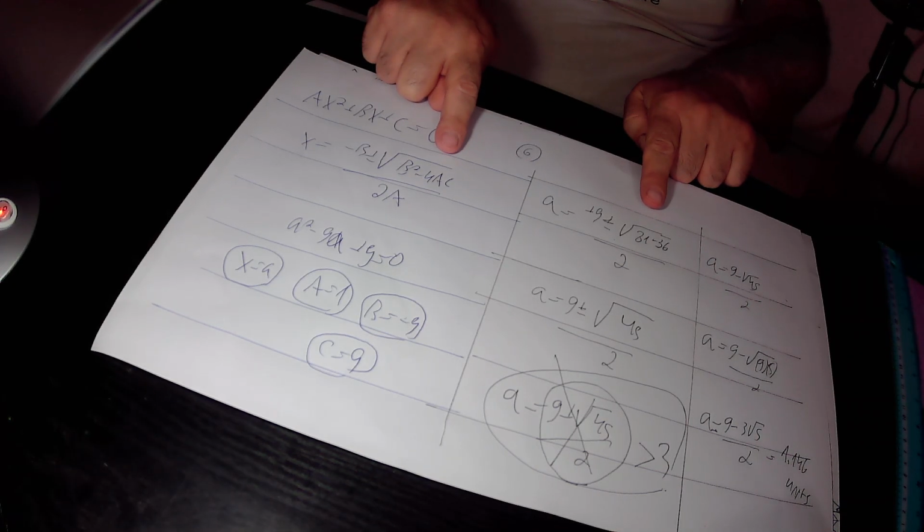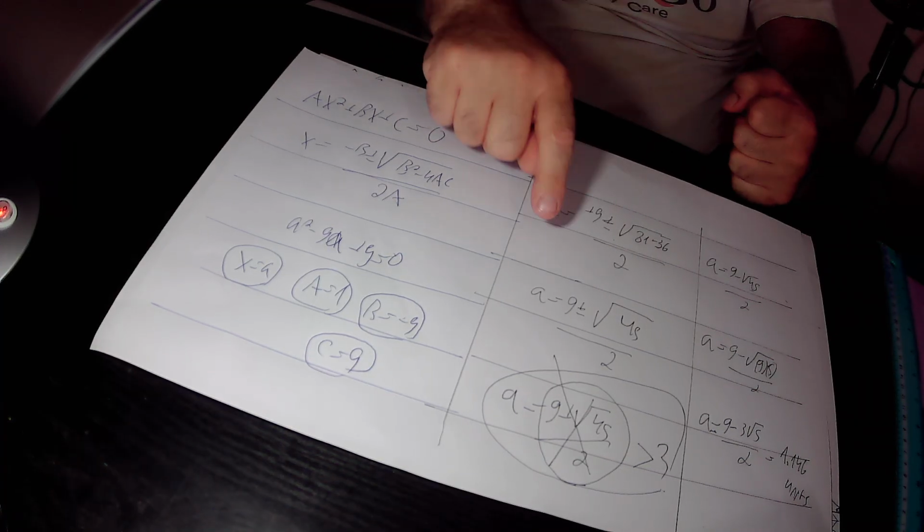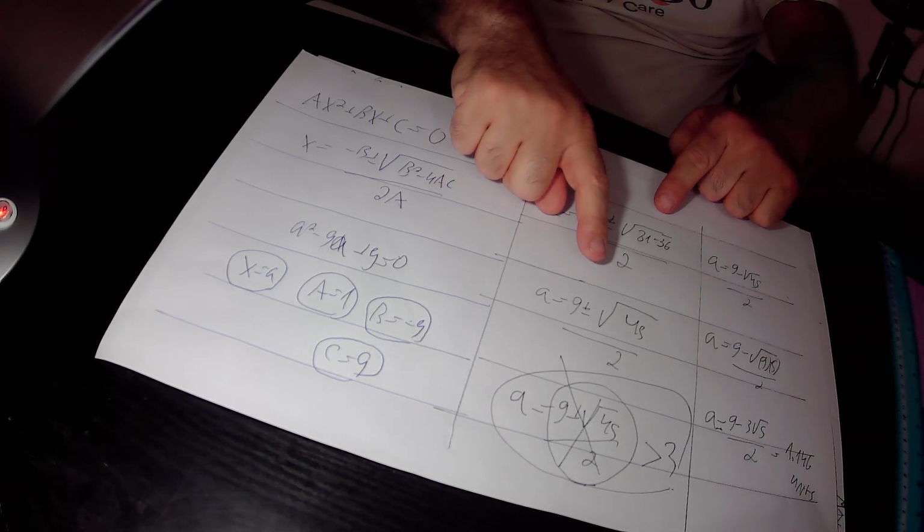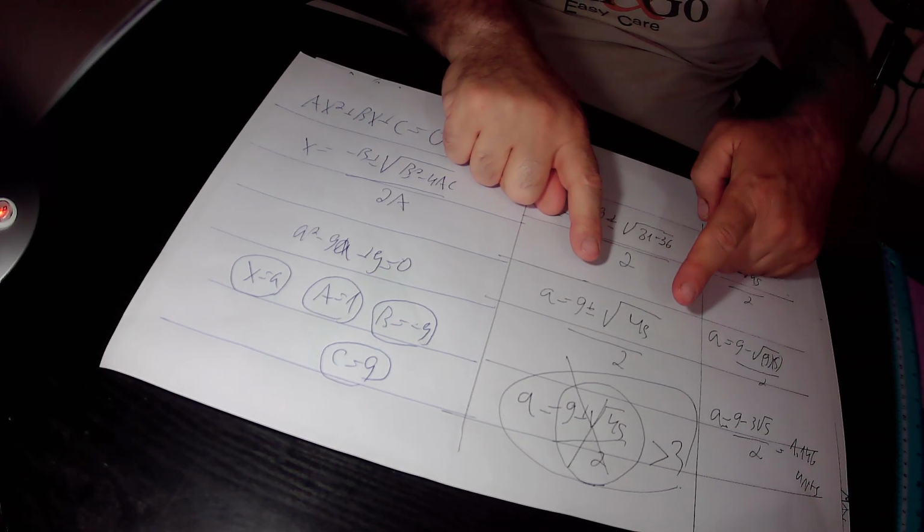So inside the root we have 81 minus 36, divided by 2. So a equals 9 plus minus square root of 45, over 2.